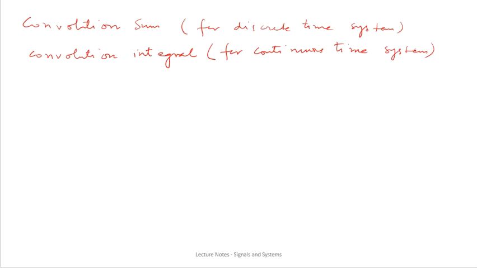So these are two different things. For a discrete time system, the term is convolution sum, whereas for a continuous time system we generally talk about the convolution integral.